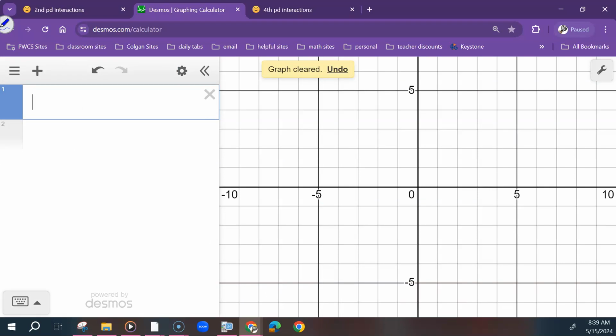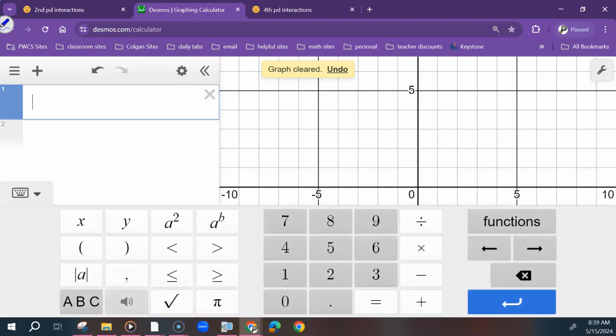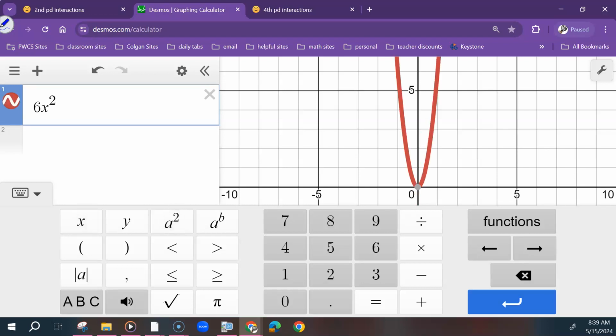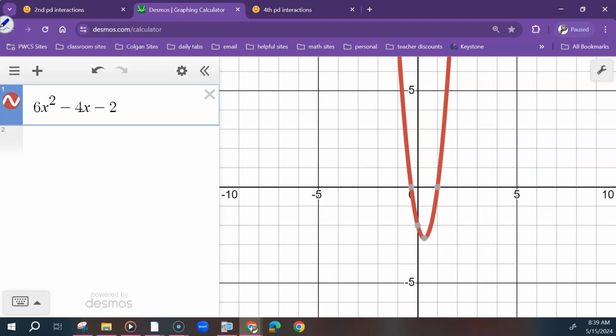And then see where it crosses the x-axis. You can put the 0, you don't need it. And with any problems that ask you about these zeros, solutions, roots, if it's not a whole number or a decimal or fraction that you recognize, like this is something that we should recognize, it's negative 1/3.